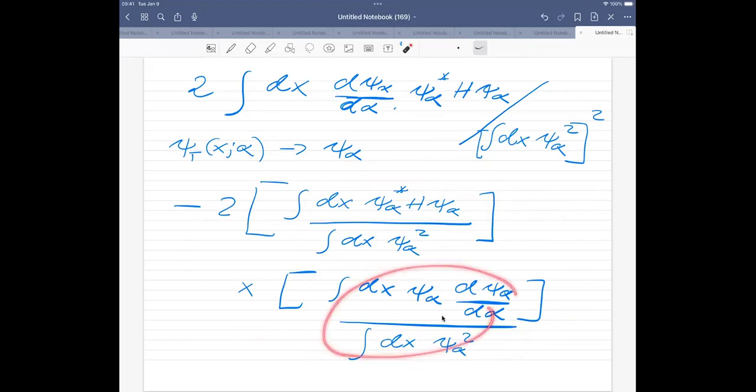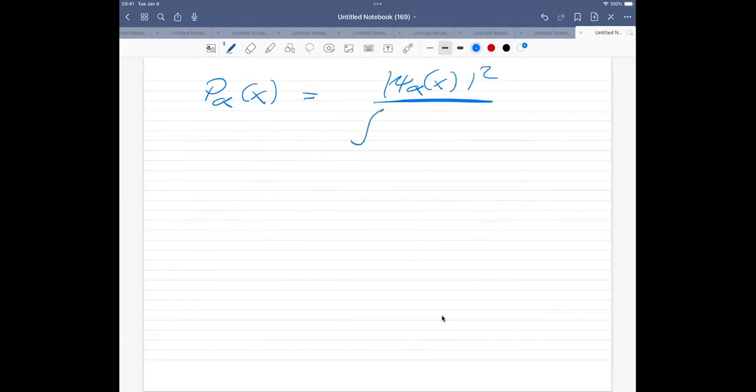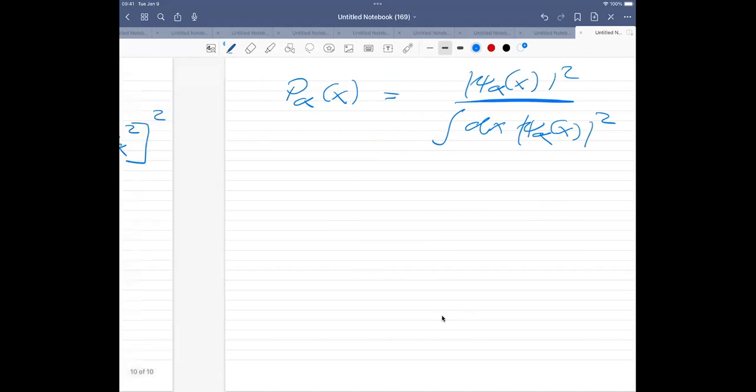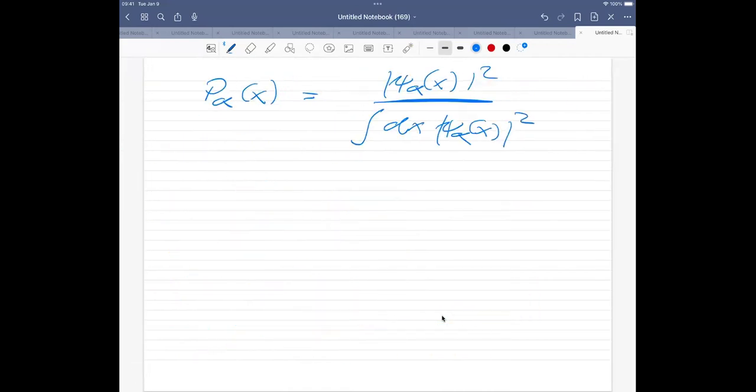But if we look at this one, we see now that we can actually rewrite that if we also remind ourselves that this P of alpha of x is equal to the probability of psi of alpha of x squared divided by the norm of dx of psi alpha of x squared, like that. And then what we can also do, if we now look at the equation which we have here, if we take this second term, let's just elaborate a little bit on that one.